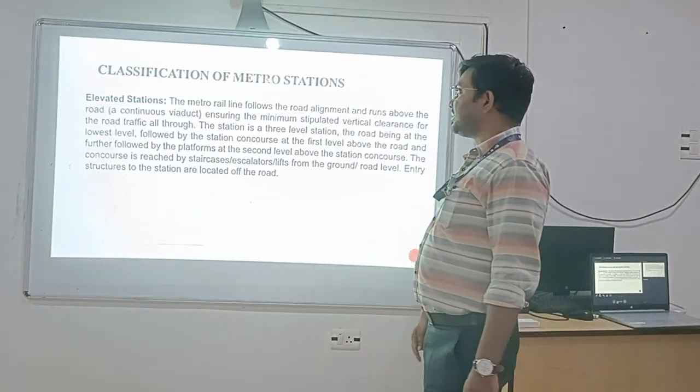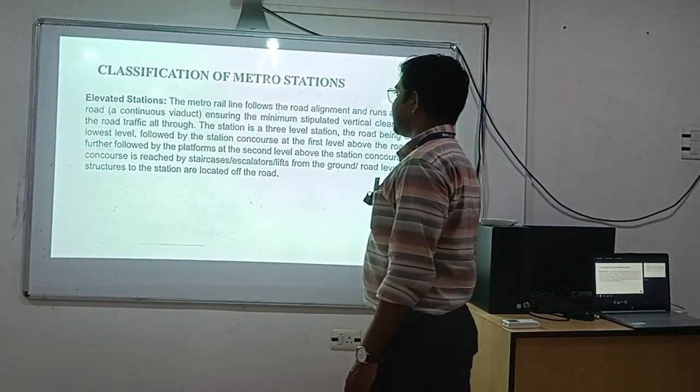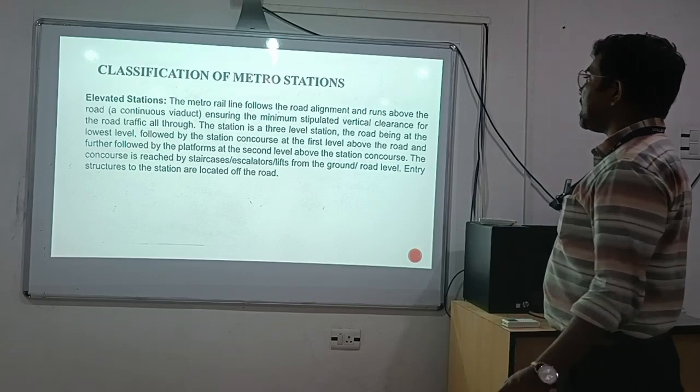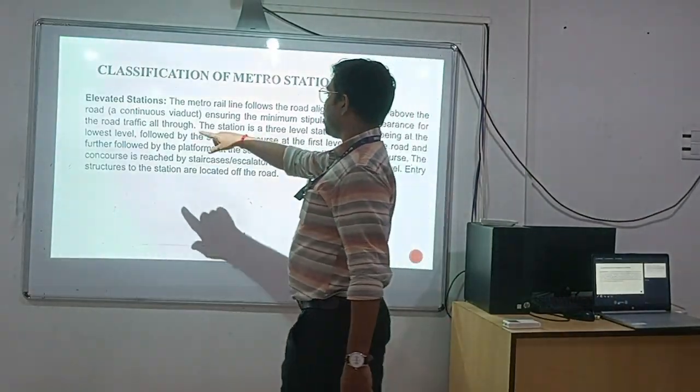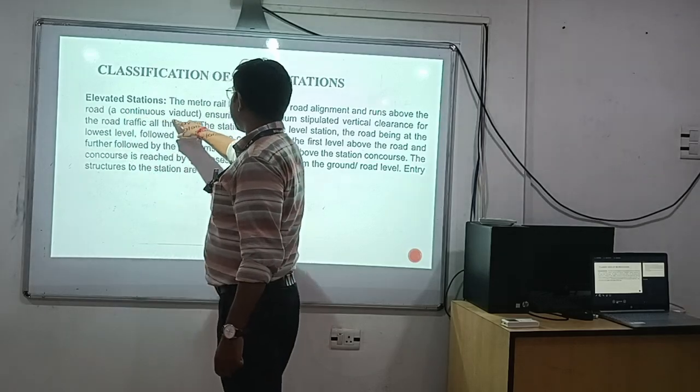So in this case of elevated station, the metro rail line follows the road alignment and runs above the road or through a continuous viaduct.